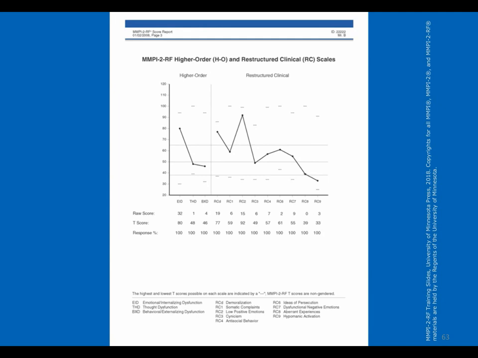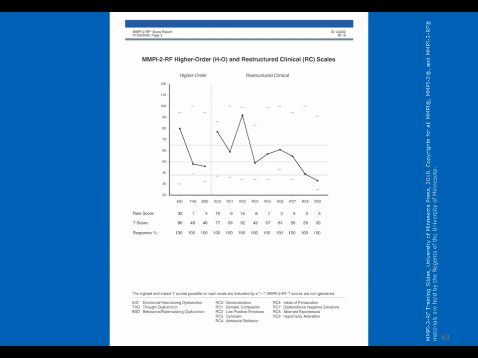Once we've interpreted all of the scales that are elevated in the emotional dysfunction domain, then we would come back to this page and interpret any elevated higher order scales, which there are none, and next any other elevated RC scales from other domains.